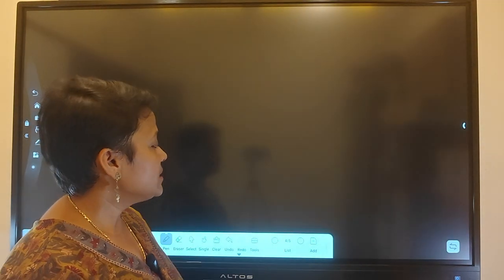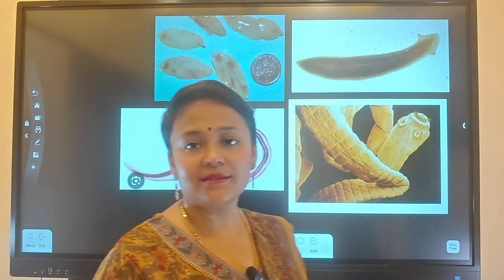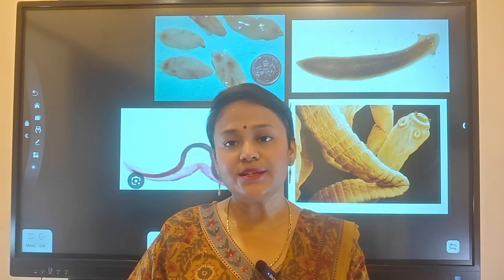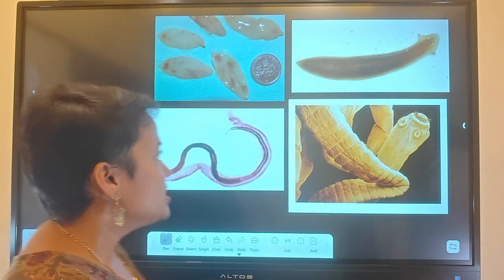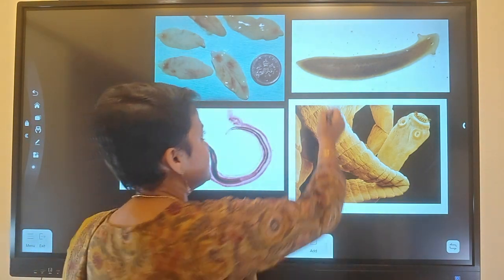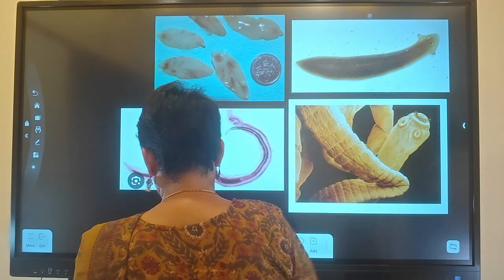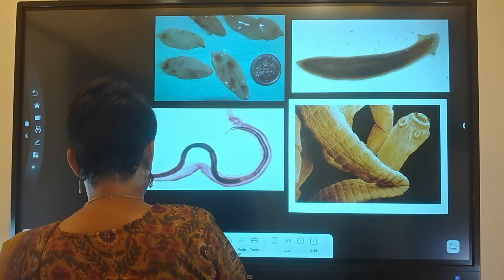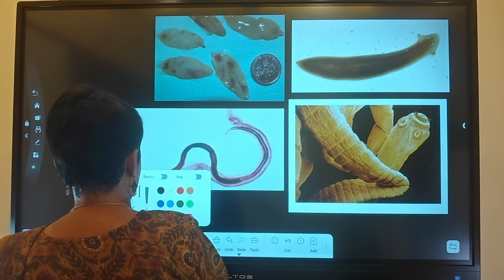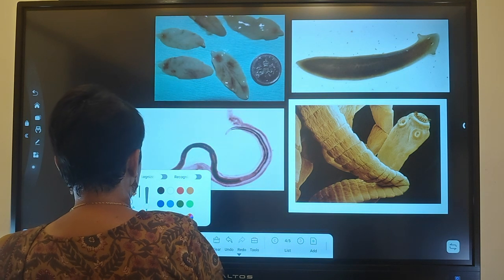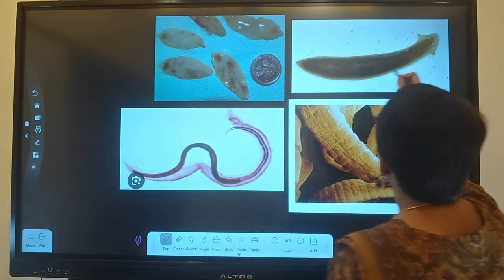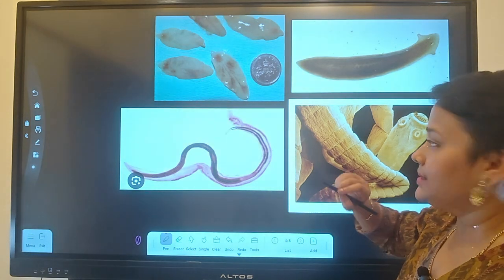After every phylum, I want to show you the picture so that you can easily memorize. So the first one is free living planarians. This is an example of planarians.